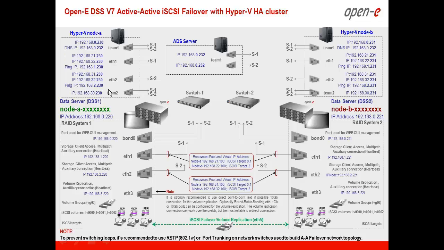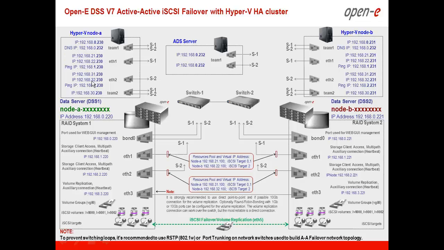Okay, so for my storage I would access on this chart via ETH1, ETH2, that is multipath, and look, we will access 21.230 and 31.230, that's the first resource pool, and the second resource pool will be 22.230, 32.230.